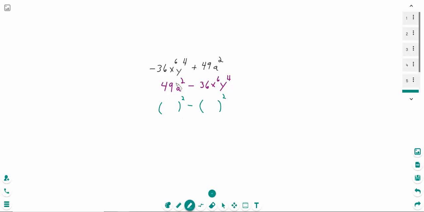So let's look. Well, the square root of 49 is 7. The square root of a squared is just an a, so that works. The square root of 36 is a 6. Square root of x to the 6th, now that's going to be x to the 3rd, right? Square root of y to the 4th is going to be y to the 2nd, right? Okay, so we can write it in this form, so it is a perfect square.